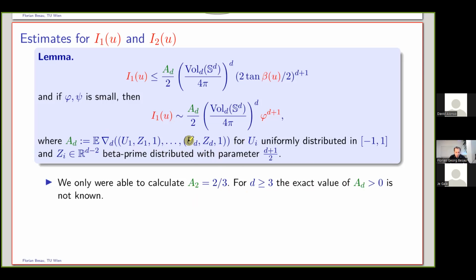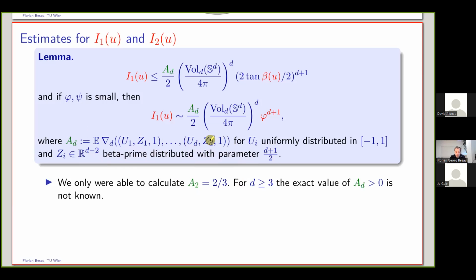So you're in a hyperplane at distance 1 from the origin. The u's are uniformly distributed, and the c's are d minus 2-dimensional random vectors that are beta-prime distributed with a certain parameter. So this has escaped our grasp for now, but hopefully at some point we will be able to give explicit values to this.